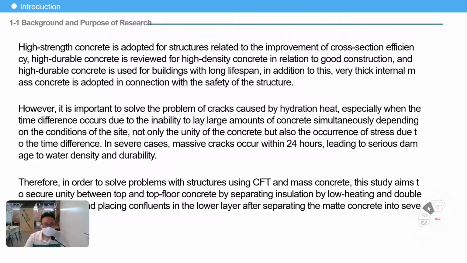High-strength concrete is adopted for constructs related to the improvement of cross-section efficiency. High durable concrete is reviewed for high density concrete in relation to good construction. And high durable concrete is used for buildings with long lifespan.